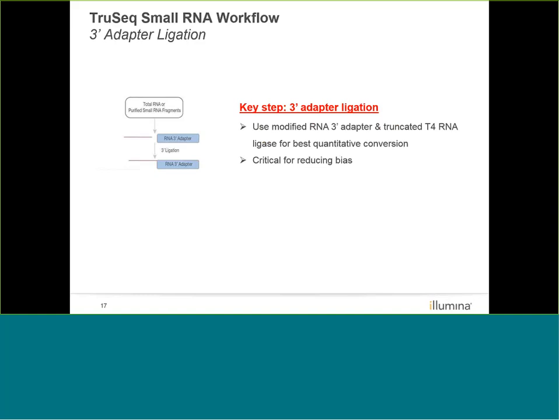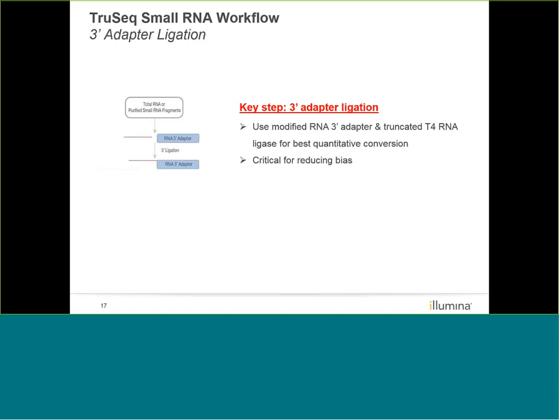So what we did in the TruSeq Small RNA protocol is design the protocol based on the unique feature of the small RNA so that we get the most quantitative conversion from RNA into cDNA and cDNA into the library. This is critical for reducing bias.